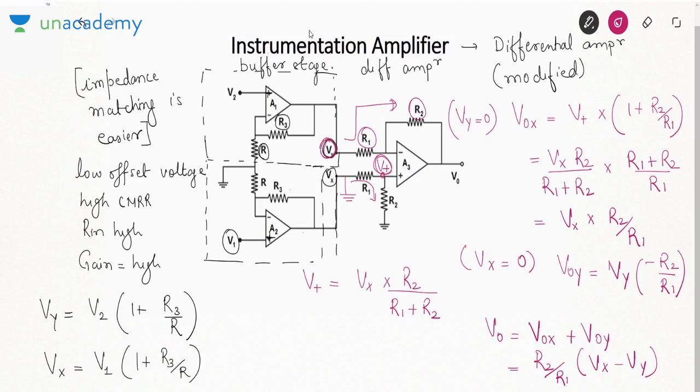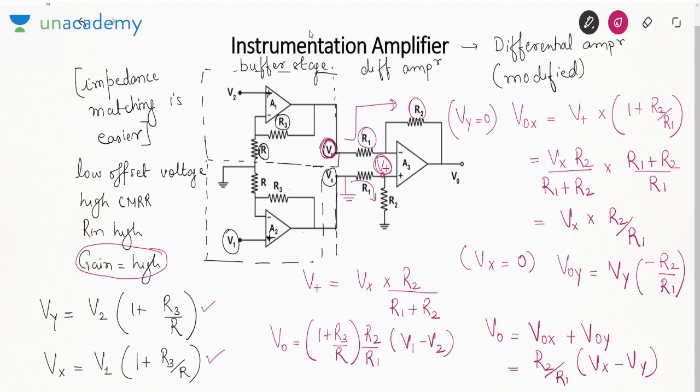But Vx and Vy both are amplified by a factor of 1 plus R3 by R. That is why I was saying the overall gain is high. So you can say V0 is 1 plus R3 by R into R2 by R1, V1 minus V2.